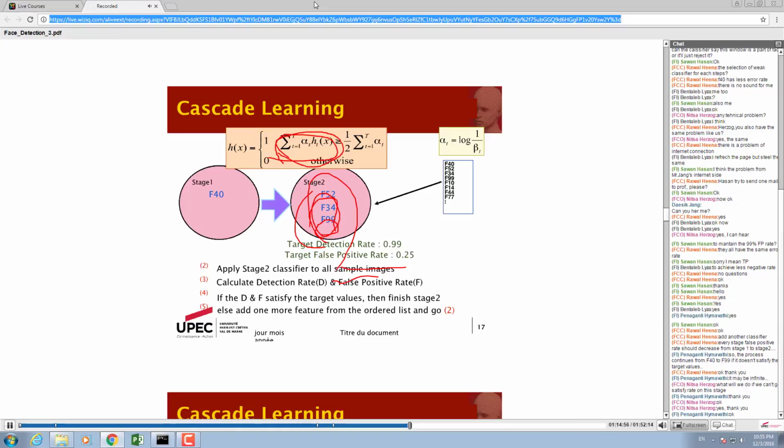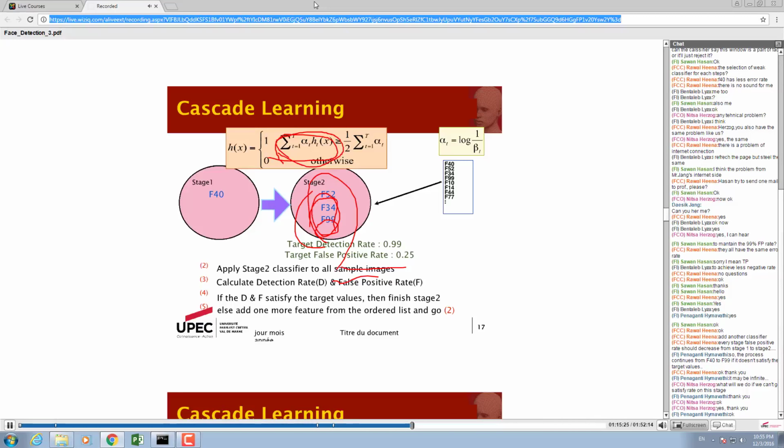Okay, let's go. So stage two is constructed. Then we go to stage three, and we repeat the same step. From stage three, we also add more features, reclassifiers, and try to satisfy the target number.